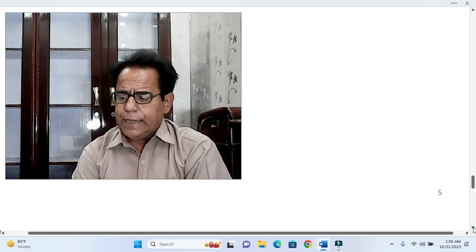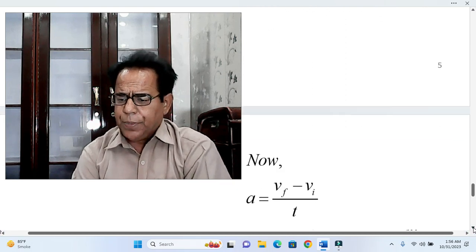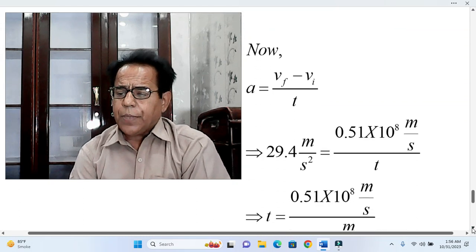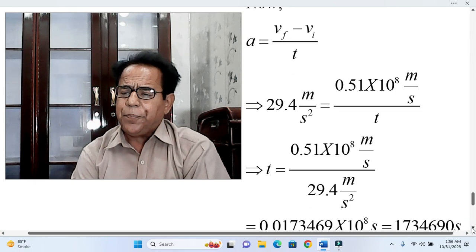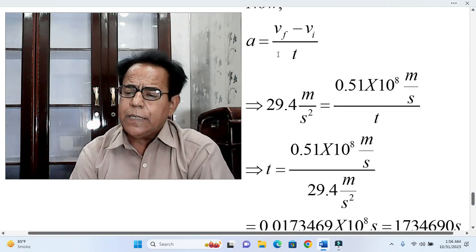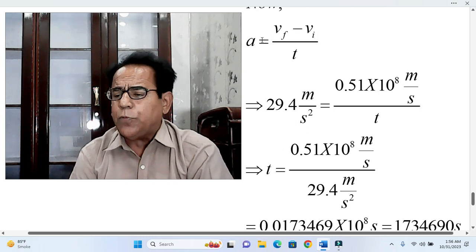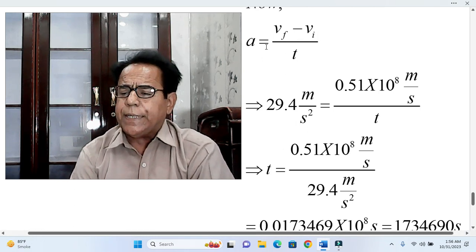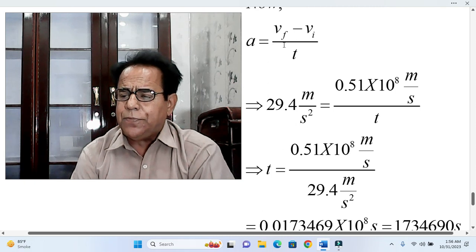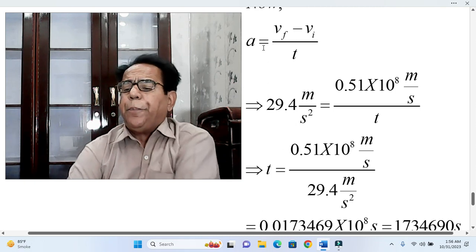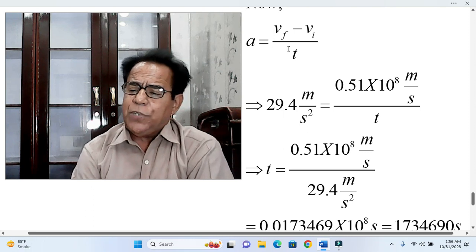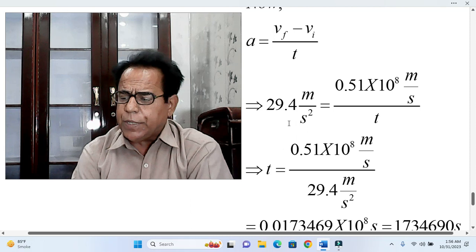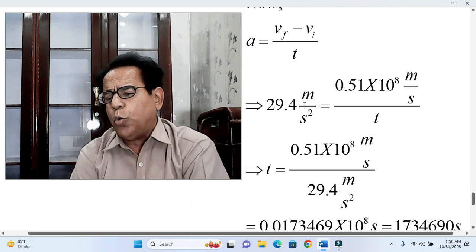Dear students, in the next step acceleration is given. We are using this expression of Newtonian mechanics. Okay, Vf minus Vi is equal to At, that is delta V over T is equal to A. The value of A is given in the statement as 29.44 meter per second square.